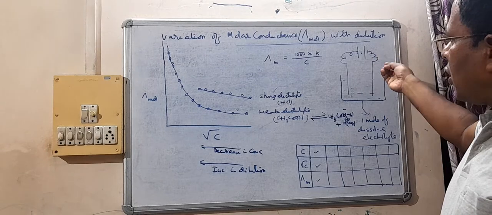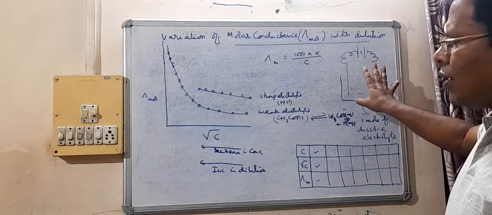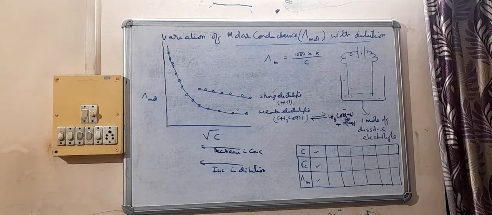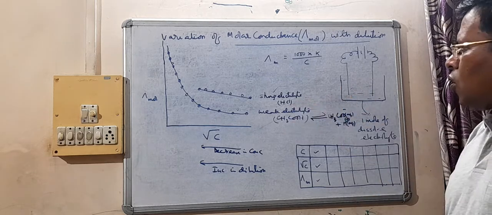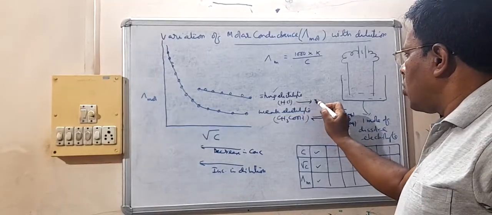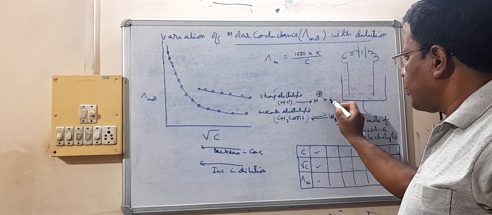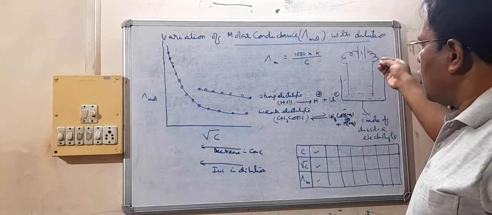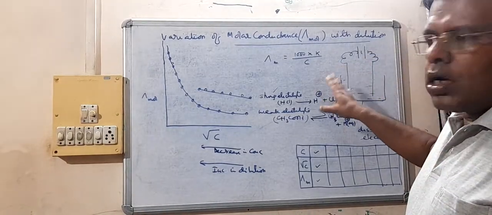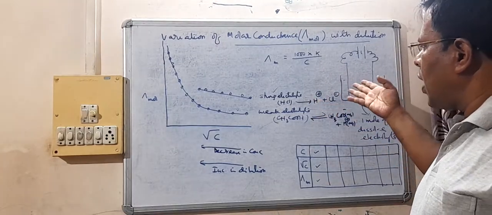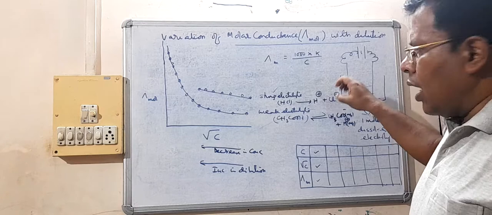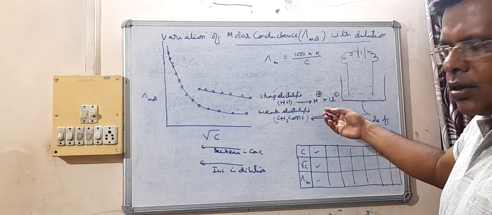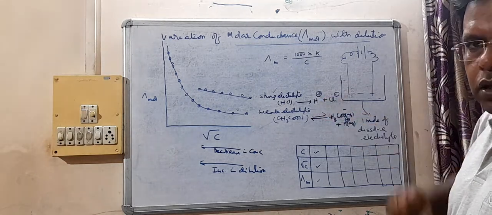And on further adding water, there won't be an increase in the number of ions in the case of a strong electrolyte, because it's already completely ionized. So on further adding water, there does not occur an increase in the number of ions. The number of ions before adding water and after adding water will be the same. But in the weak electrolyte, the number of ions keeps on increasing every time we add water.